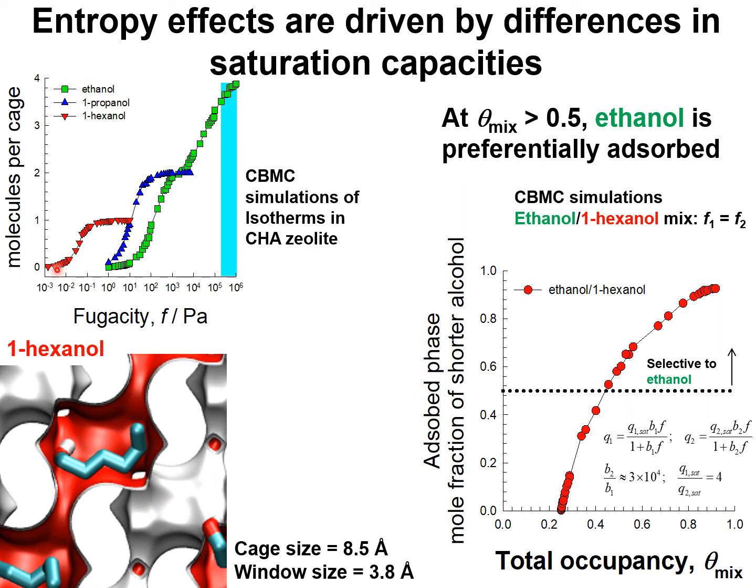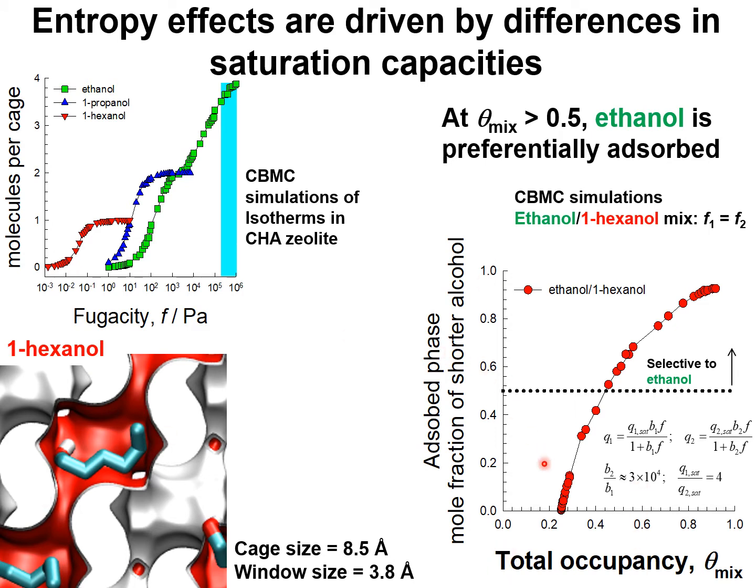For a mixture of 1-hexanol and ethanol, the ratio of the saturation capacity is 4, whereas the ratio of binding strengths that favors 1-hexanol is 30,000.